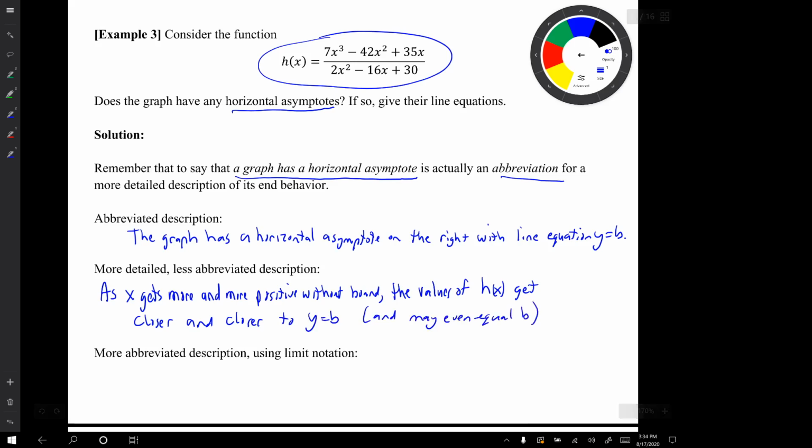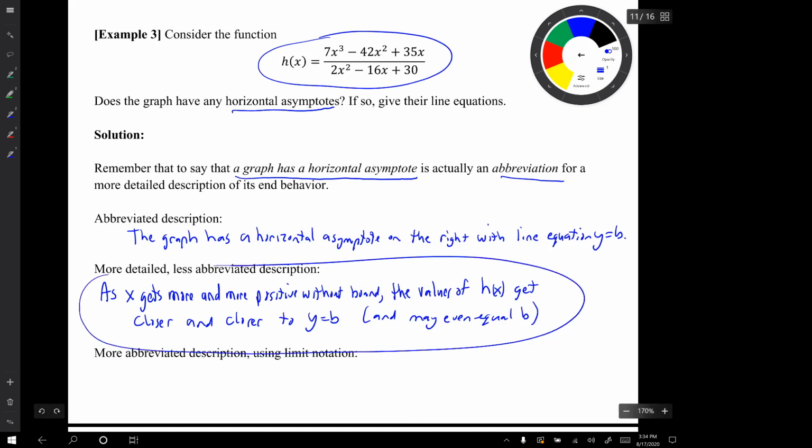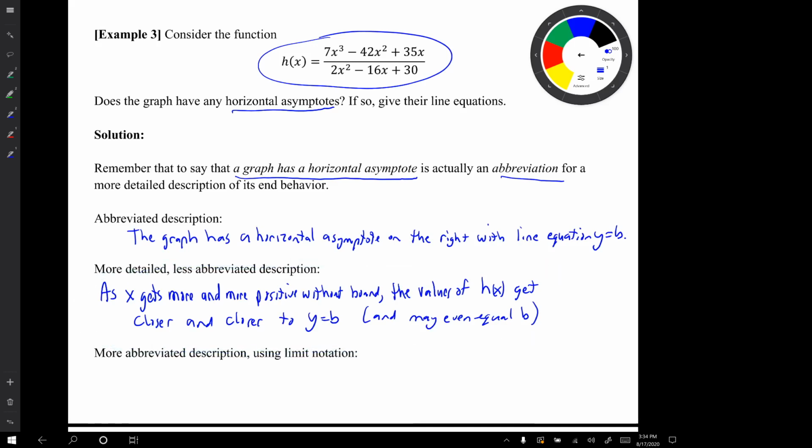So that again is the description in words of what is going on with a graph if it has a horizontal asymptote. Well, realize that those words that I just wrote describing how a horizontal asymptote on the right looks have a more abbreviated description using limit notation. All of this that I've been doing is getting at the question of what do we do with this problem?